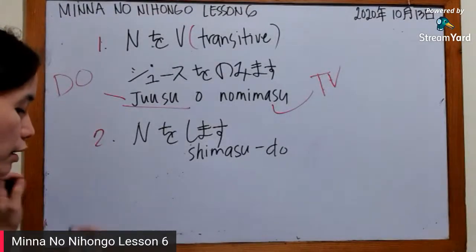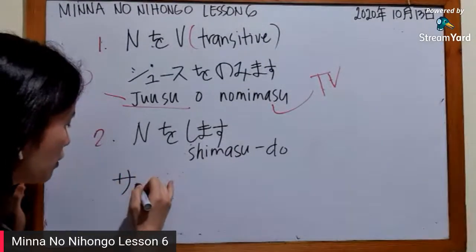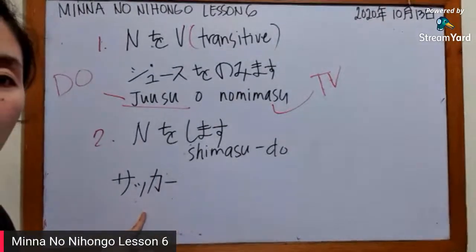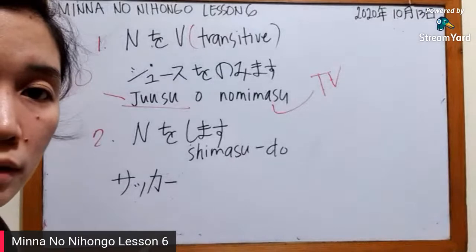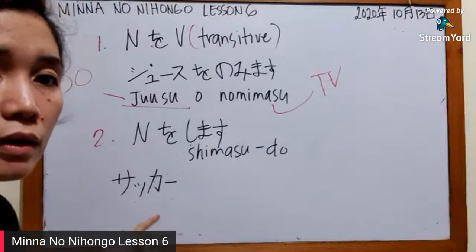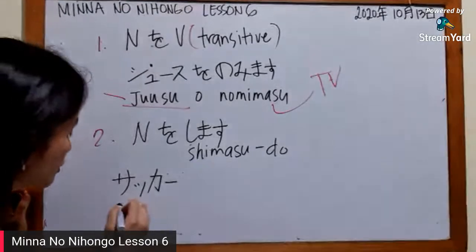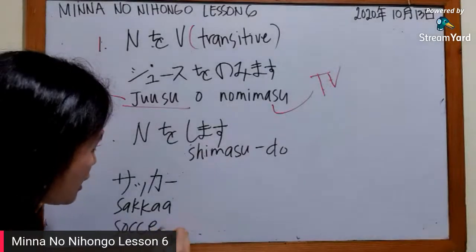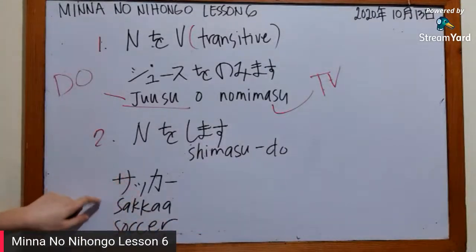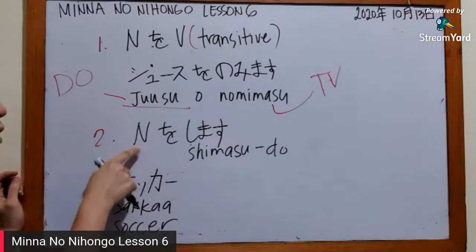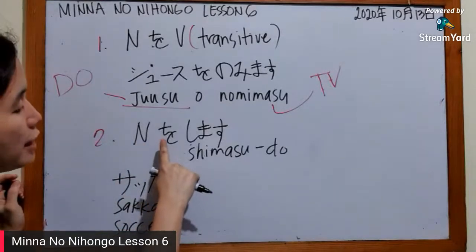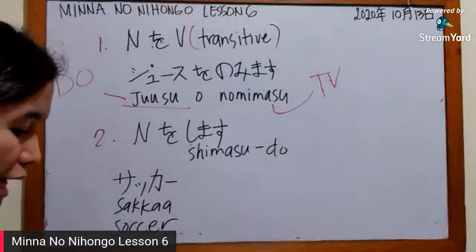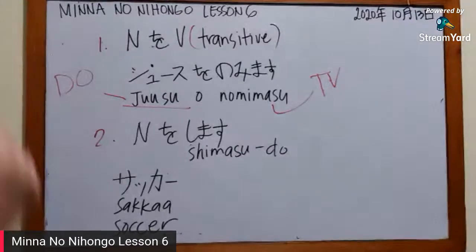For example, this one. This is sakkaa. Sakkaa means soccer in English. So this noun, soccer, you just put it in here, and then this o shimasu, copy this o shimasu, meaning to say, play soccer.